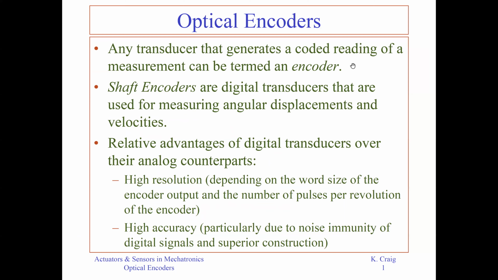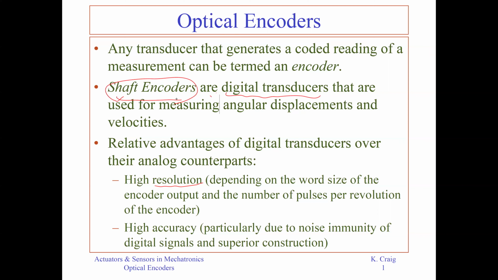This is important to learn because a lot of people have had experience using a shaft encoder. You put an encoder on the shaft of a motor. It is usually digital, and we want to understand what this is. The advantage of using such a shaft encoder, which is digital, over the analog counterparts is that resolution can be very high.